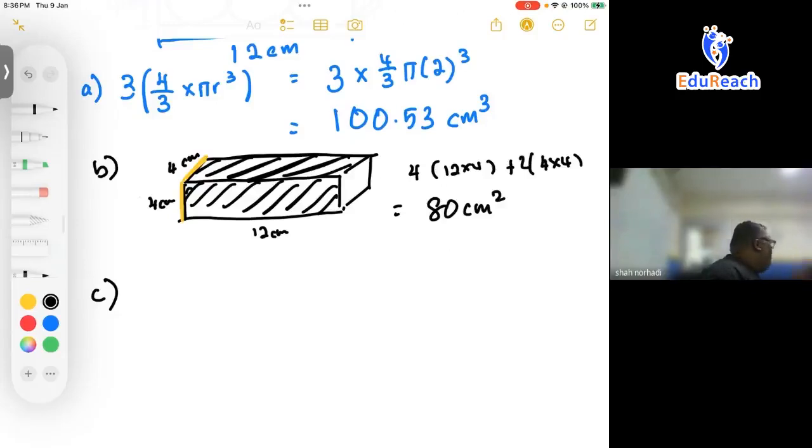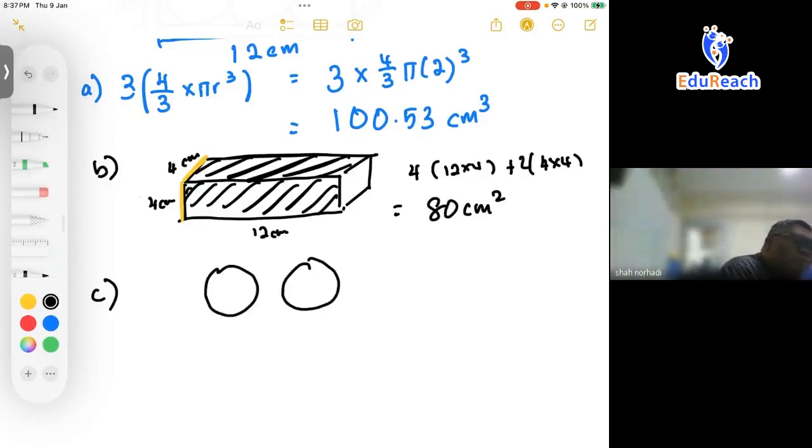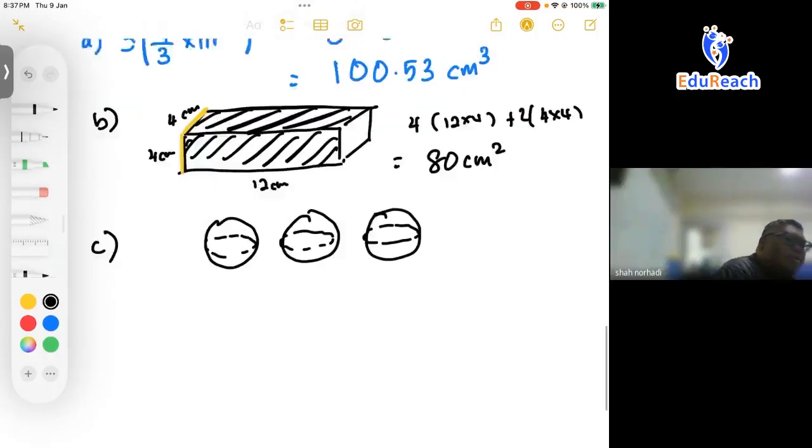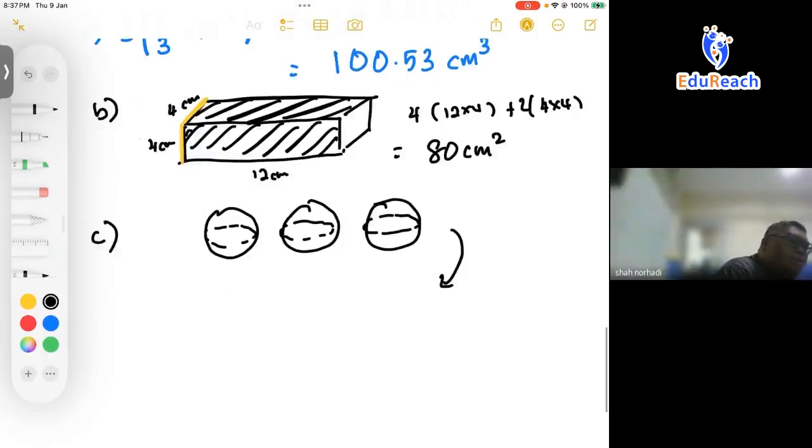A hemisphere is half a sphere. So the whole 3 metal balls, I'm just going to do some visuals here, is being melted into a hemisphere, a larger one perhaps. Why? Because the volume is increased. We ask you to find the radius.